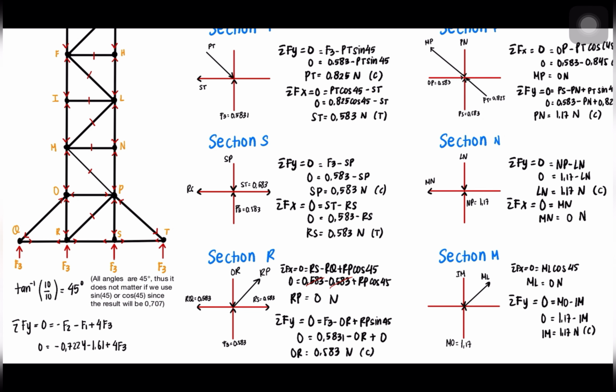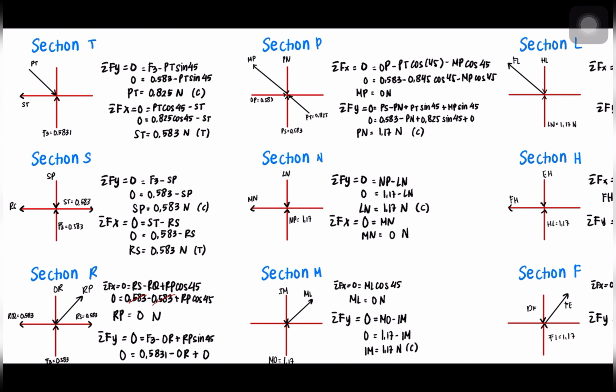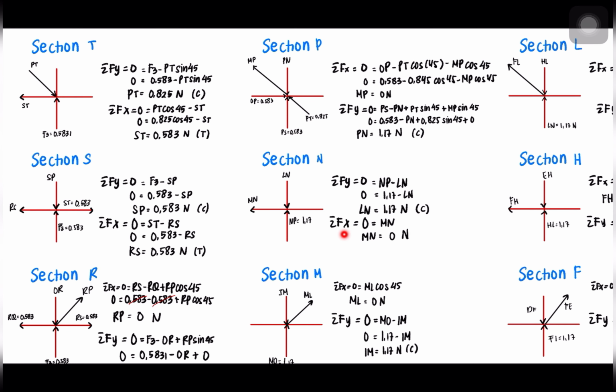The same goes for member MN. We used the sigma Fx equals 0 method, and we got MN equals 0 as well. And with that, we can finally find all of the forces of the members of the base.